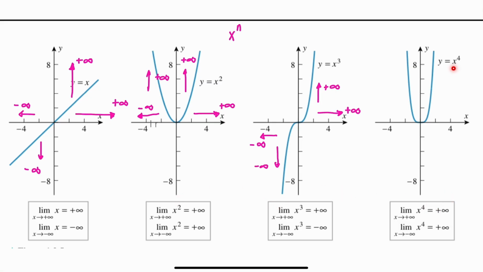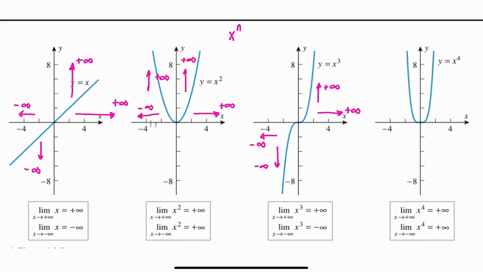When you increase by 1, x to the power of 5, the curve would be just like x cubed. If it's x to the power of 6, it would be similar to x to the power of 4, still facing upward. If it's x to the power of 7, again, it would be similar to x cubed. And if it's x to the power of 8, it would still be facing upward.